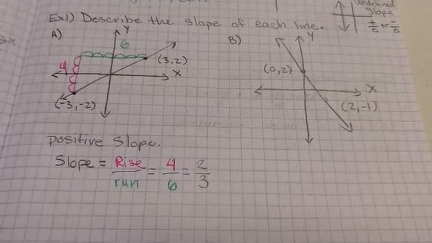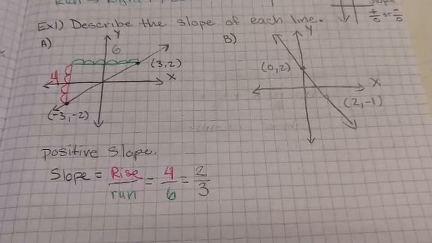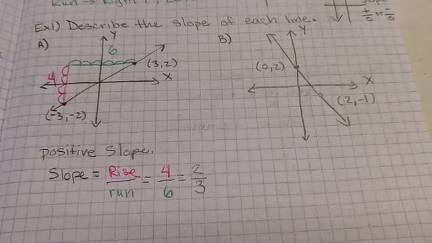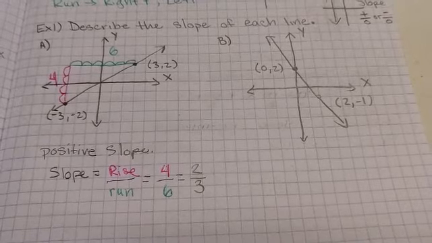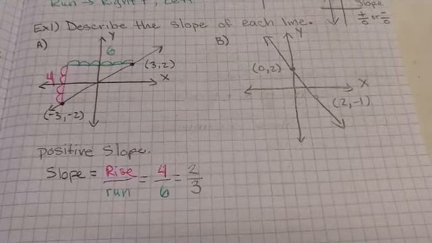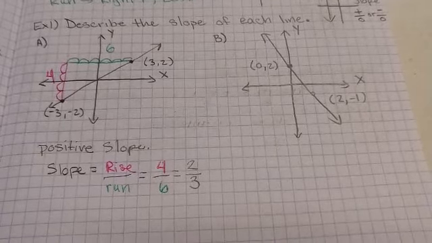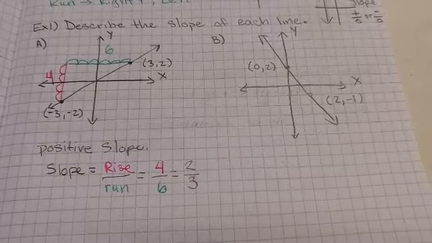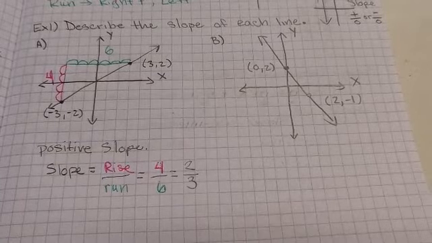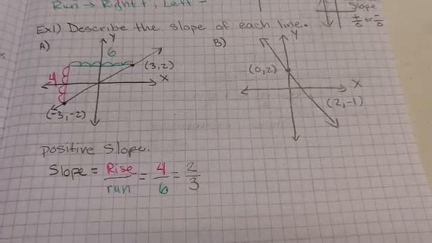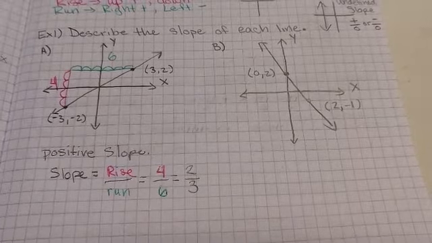After you decide, I want you to actually find your slope using your slope triangle. Remember, if you go up, it's positive, down is negative, to the right is positive, and to the left is negative.